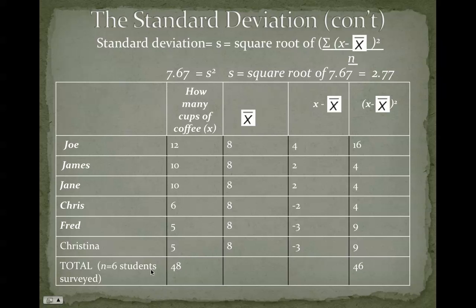So the variance is 46 divided by 6, or the sum of x minus x bar squared divided by the sample size, which is 7.67. This is just a reiteration of what we did in the previous slide. Now the standard deviation, which is simply S, is the square root of 7.67, and that gives you 2.77.